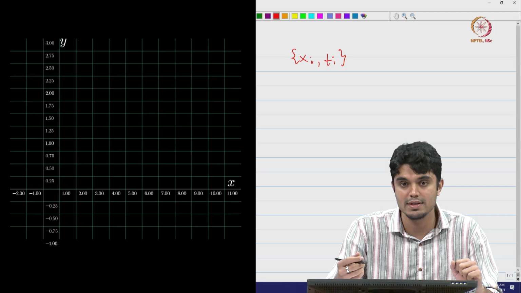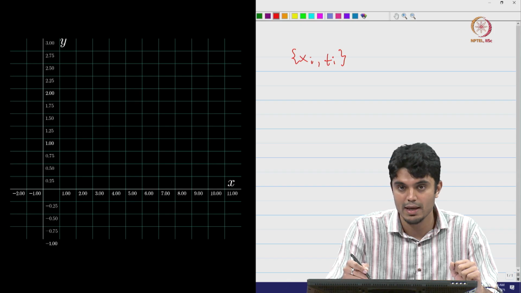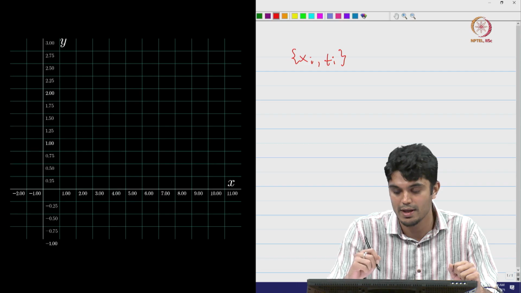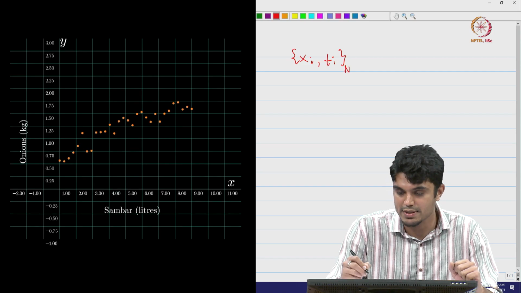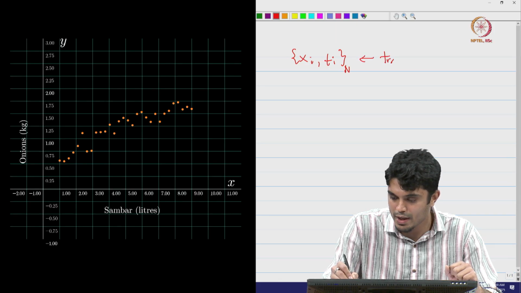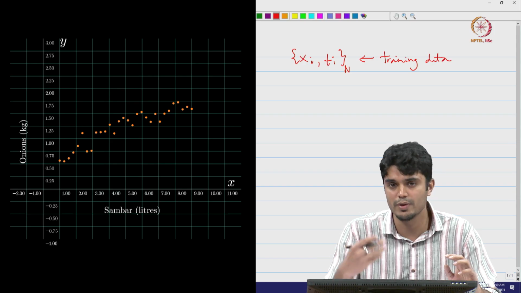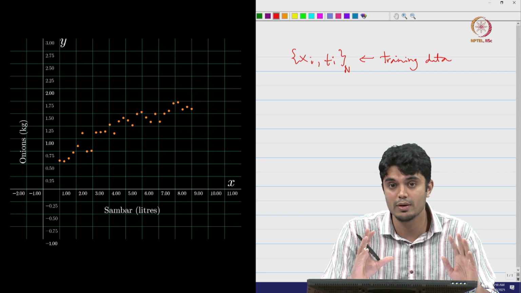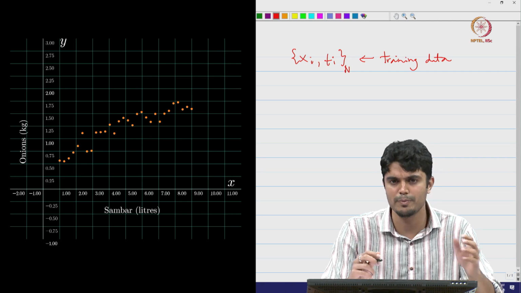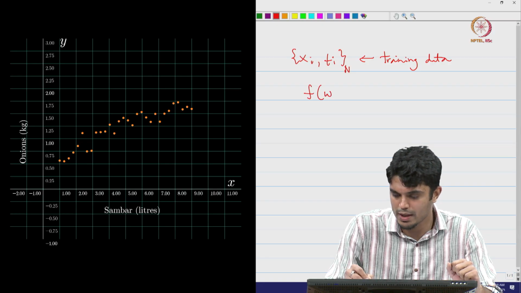What I'm imagining right now is a regression problem. t i is the target variable, x i is the feature variable on which the target variable depends, and we have capital N points. For some regression model, let's say f of omega comma x i, this is our predicted variable y i.